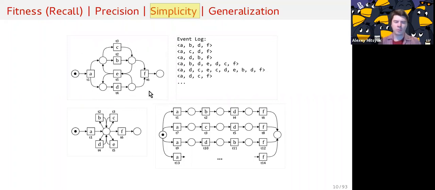Of course, there are different concrete metrics for simplicity. And simple models usually are better for human experts, and for automated processing as well.